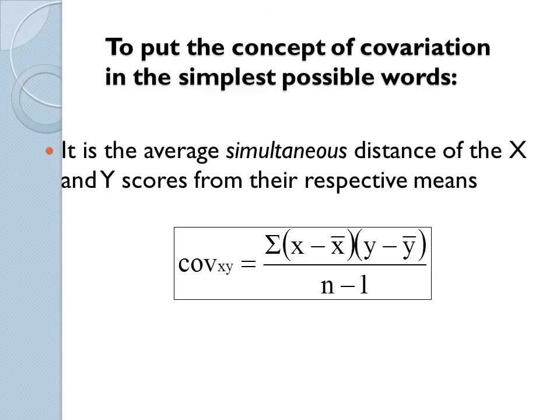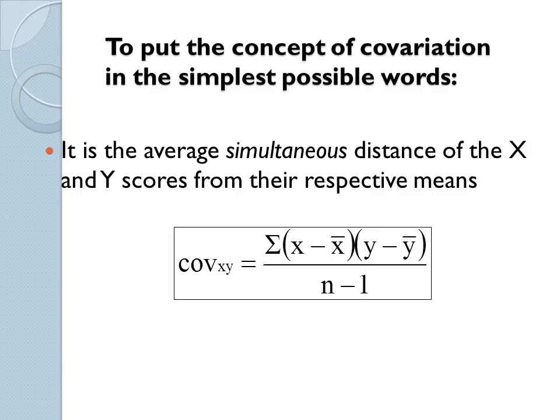Sometimes it's really difficult to look at these formulae and understand what they mean, especially when you take it step by step. But basically, an easier way to think about covariance in terms of the formula is that it is like an average simultaneous distance of the x and the y scores from their respective means. Like the average formula that we've worked with earlier, where you sum the scores and then divide by the number of scores, or the standard deviation, which is like the average distance that each score is from the mean.